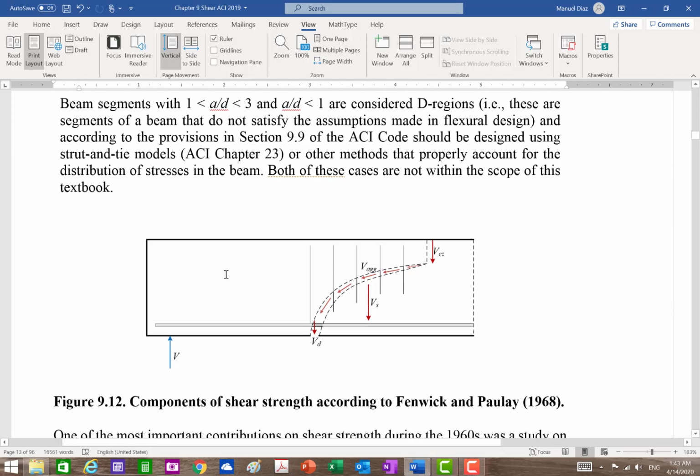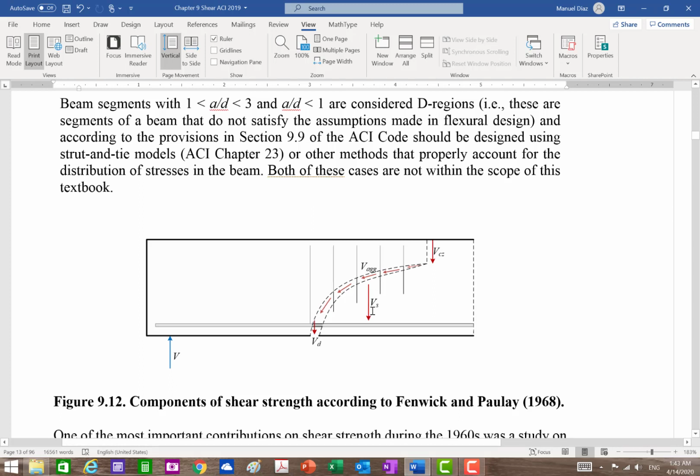Okay. These are other things that we need to understand. What are the components that make your concrete shear strength? There is the actual concrete in compression, the aggregate interlock, because the aggregates are not rounded, right? I mean, they have points, and so they kind of stuck in there, right? And so that's the aggregate interlock.